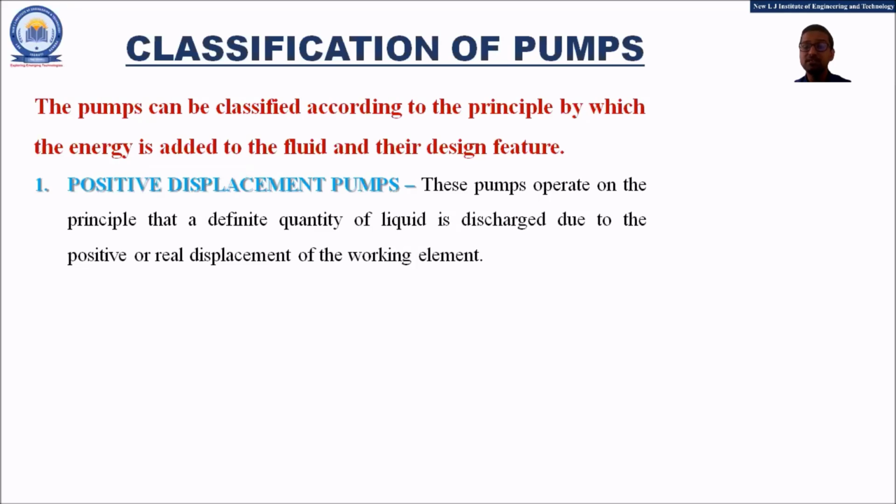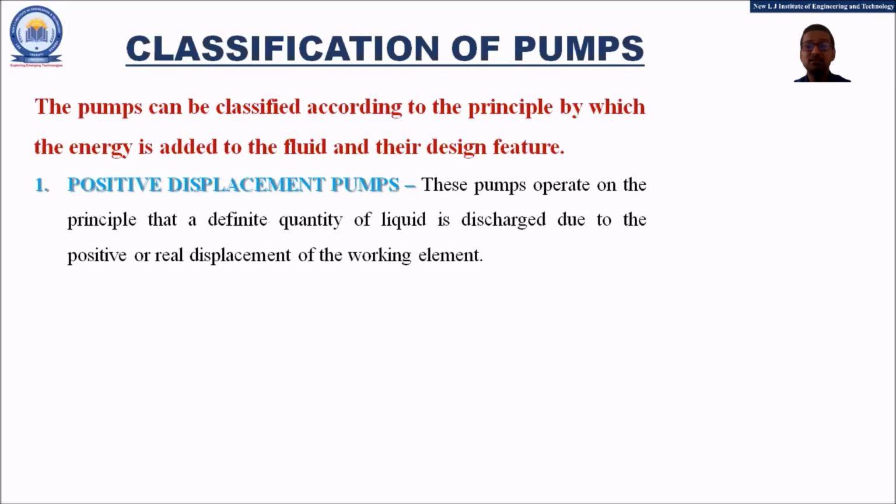The positive displacement pumps are further subdivided into two types. They are the reciprocating pumps and the rotary pumps. In the reciprocating pumps, by the reciprocating motion of the mechanical element, the pumping action takes place and the liquid is discharged from the pump.